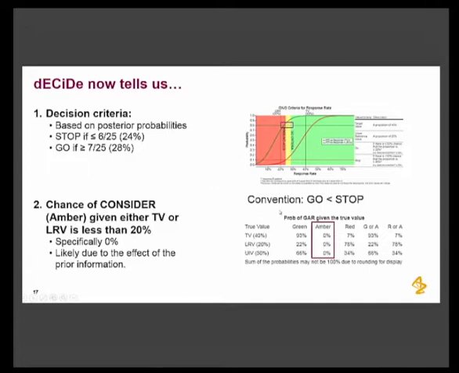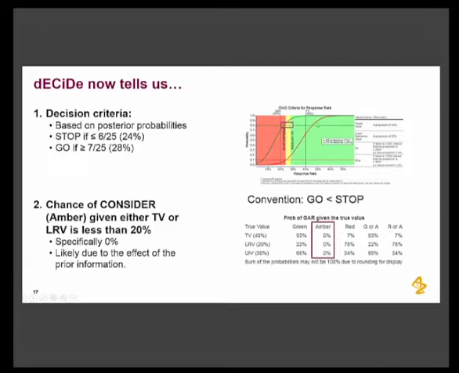The other point here is that there's a convention embedded in this that says that if your go criterion winds up being lower than your stop criterion, then that automatically gets reversed. And you can see why I'm raising this. This green curve here is the posterior probability that your true is going to be greater than the lower reference value.